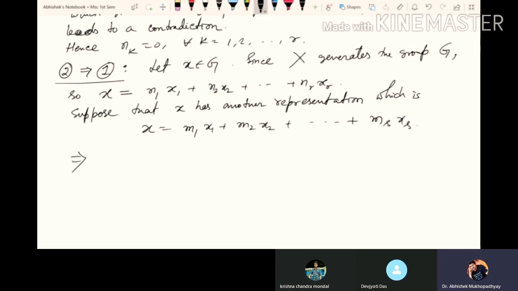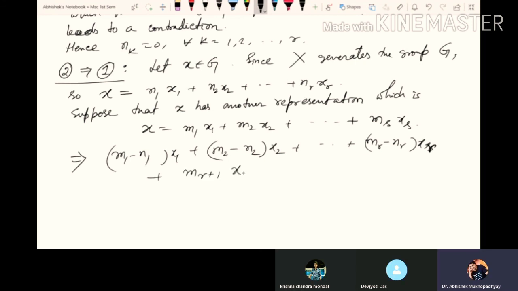So these two expressions will imply that (m1 minus n1) x1 plus (m2 minus n2) x2 plus ... plus (mr minus nr) xr plus m(r+1) x(r+1) plus ... plus ms xs is 0, where we suppose that s is greater than or equal to r.